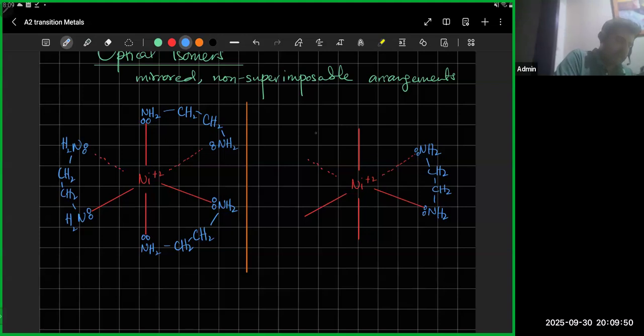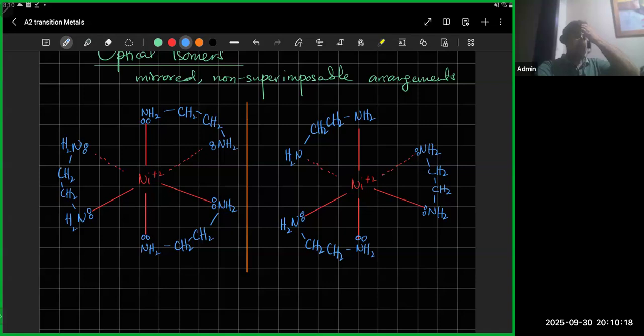Then the top one is going to shift to the left. So I've got NH2, I've got NH2, and I've got two CH2s. And this one also shifts to the left side, so it's going to be NH2 and NH2, and then there could be two CH2s in the middle.